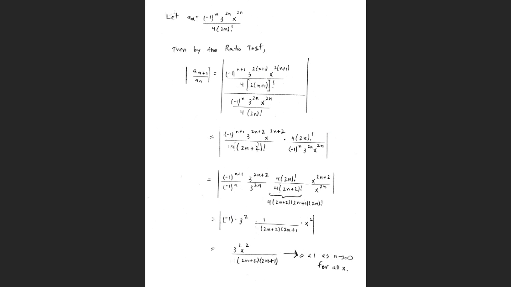Okay, so remember the ratio test, you have here the nth term of the power series. And to get the n plus first term, you just replace anywhere you see an n with an n plus 1.